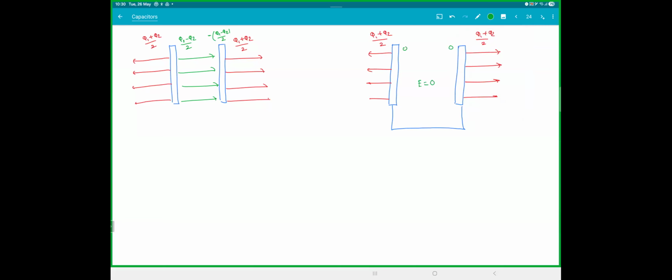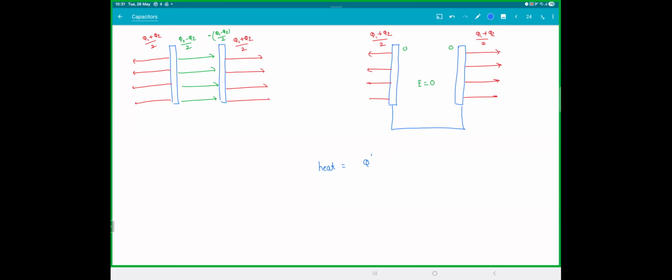Now, can you clearly see what happened? The moment you close the switch, all the field lines in the middle vanished, isn't it? That means all the energy stored in that space vanished. So the heat produced is simply the energy stored in the capacitor. So heat is simply (Q1 plus Q2 by 2)... sorry, I'll write the formula.